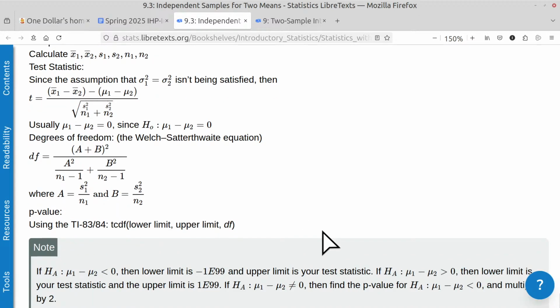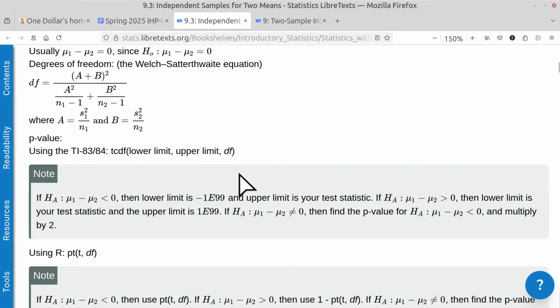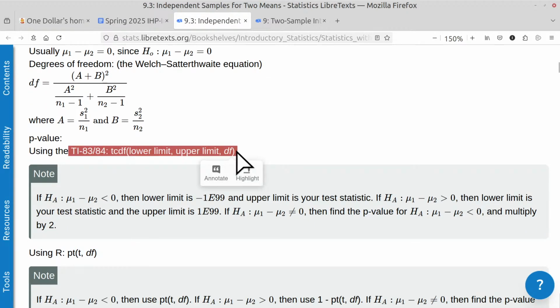For you, this formula is a little bit complicated, so I will calculate it by hand, and then I encourage you to use free online applications to calculate it. Okay, for the p-value, use this.